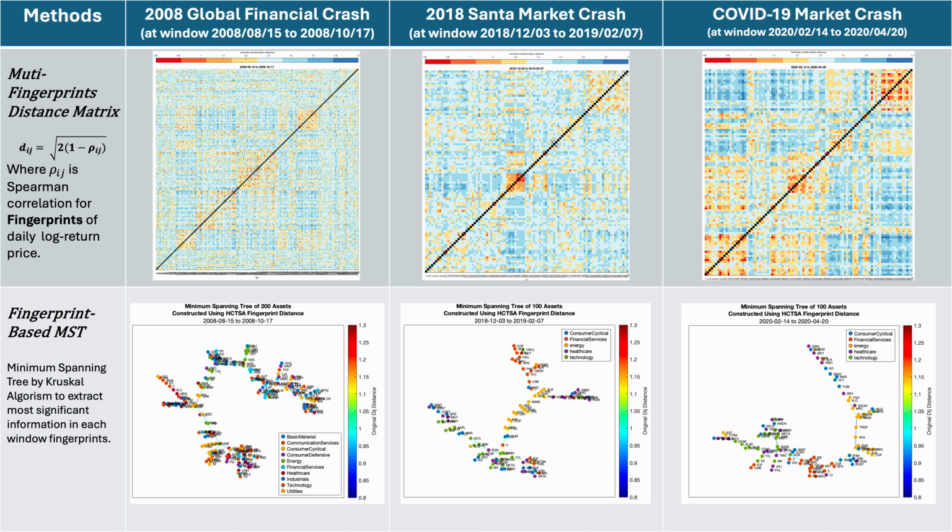By representing this for every window during a crash, we obtain a sequence of minimum spanning trees that tracks how the market structure changes and reveals how its key relationships reshape under stress. This lets us track the market from both micro and macro levels by just analyzing a minimum spanning tree network.